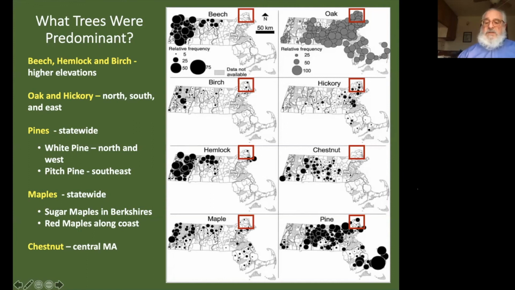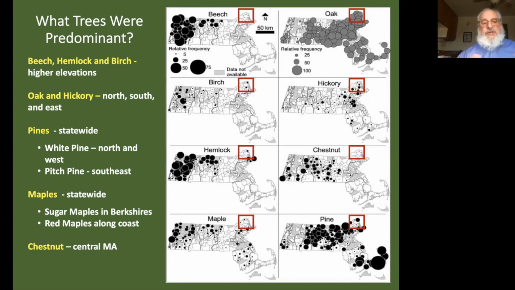And so what do we see in terms of the predominant species? Well, birch, hemlock, and beech were more prevalent in the western part of the state, not so much in the east. The size of the black dots indicates the relative frequency that they found. It's not quite a percentage, but at least it gives you some idea of quantitatively what was more common. We don't seem to have very many.